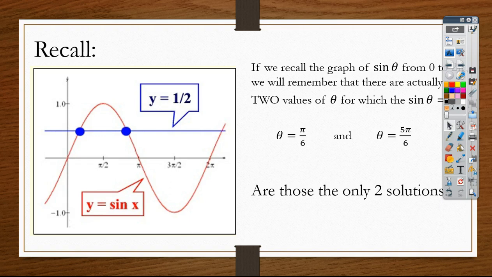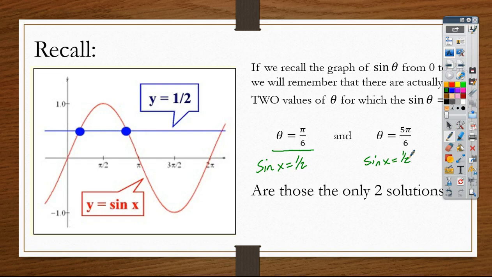And if we use our unit circle, we can see that it happens not only at pi over 6, the sine of x equals 1/2, but 5 pi over 6 is also sine of x equals 1/2. It happens twice, and here's a graphical representation.